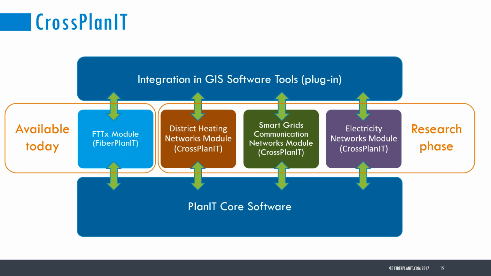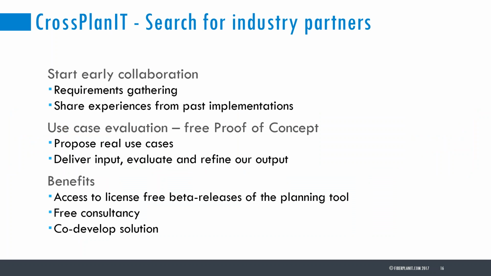We want to use our knowledge from FiberPlanIT and optimizing fiber networks, and bring that knowledge to these other utility markets and play a role there. For these kinds of projects, we're always looking for industry partners that can help us get information on the challenges in these different utility markets, and the challenges for planning these types of networks.